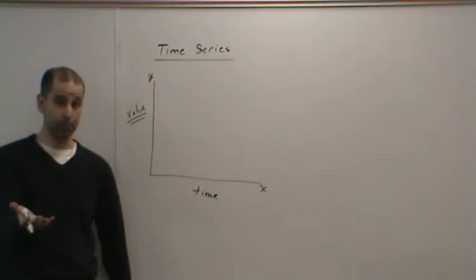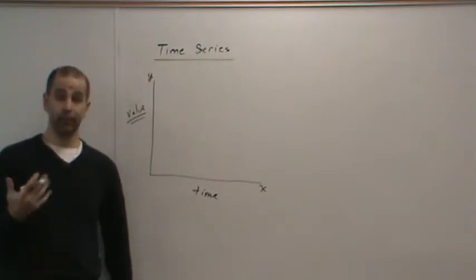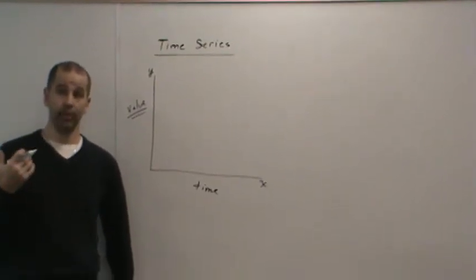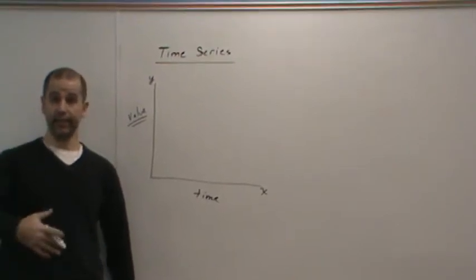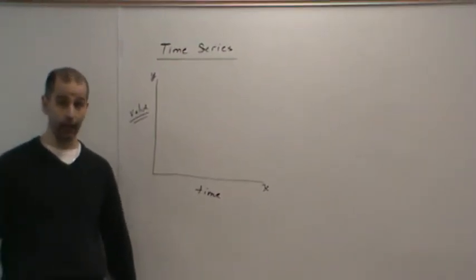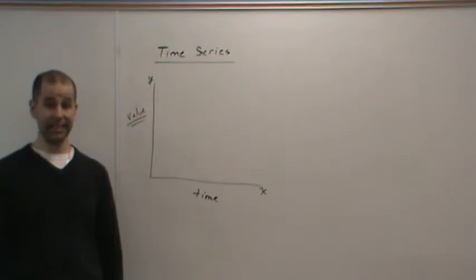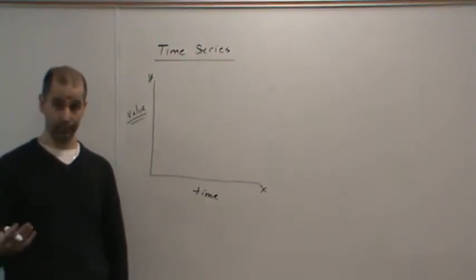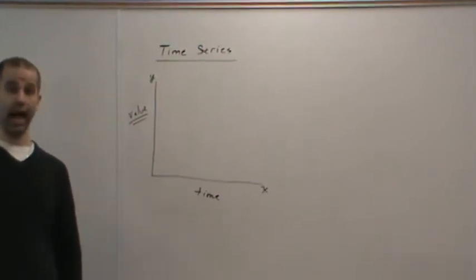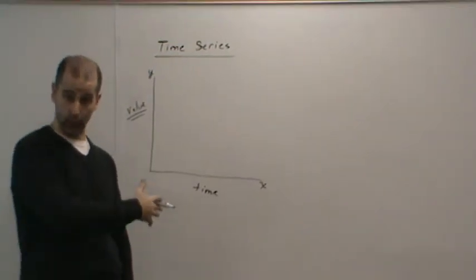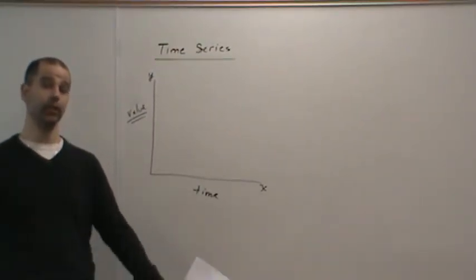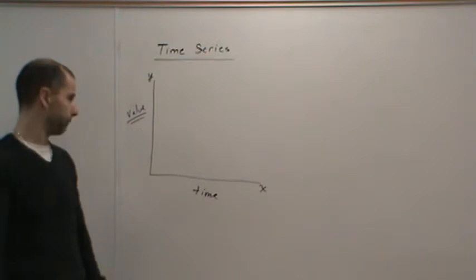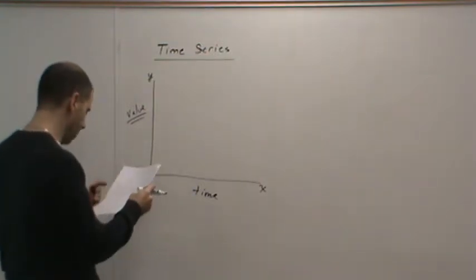If you're talking about stock prices. It could be temperature. It could be the diameter of a tree over time. Weight, right? The weight of a newborn baby over the first year. So that could be monthly. So lots of different things you could do.